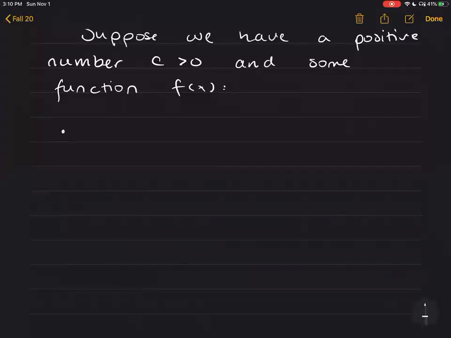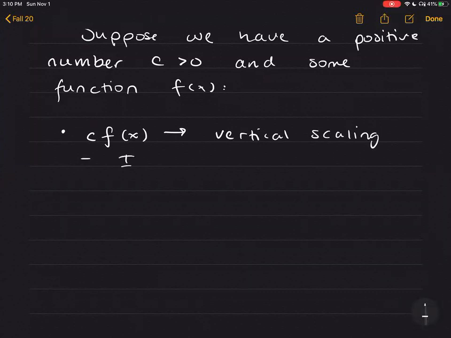So first off, if we multiply c on the outside of f of x like this, it's going to be vertical scaling. And the way vertical scaling works is that if c is bigger than 1, we're going to stretch.